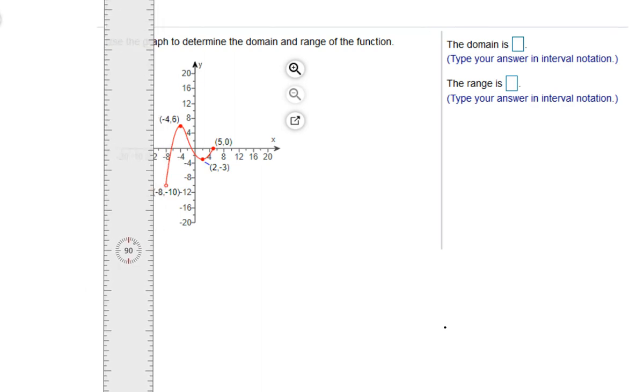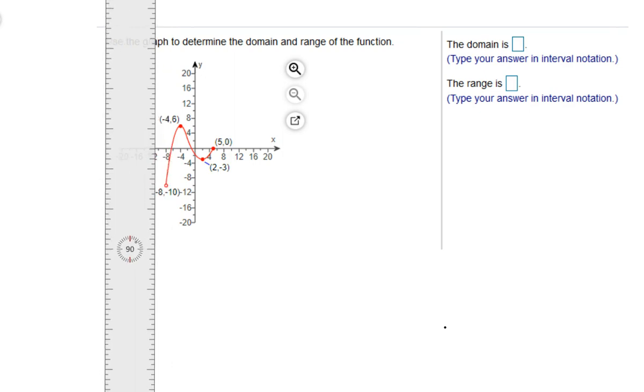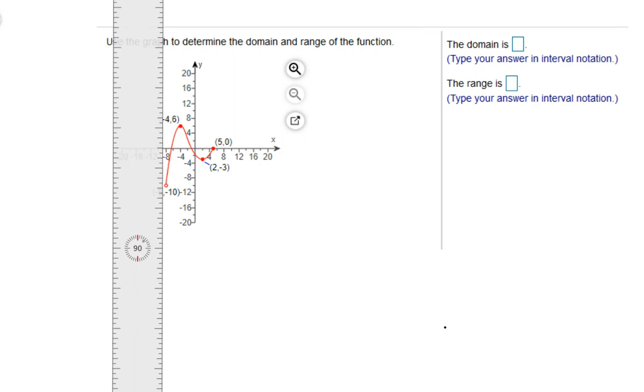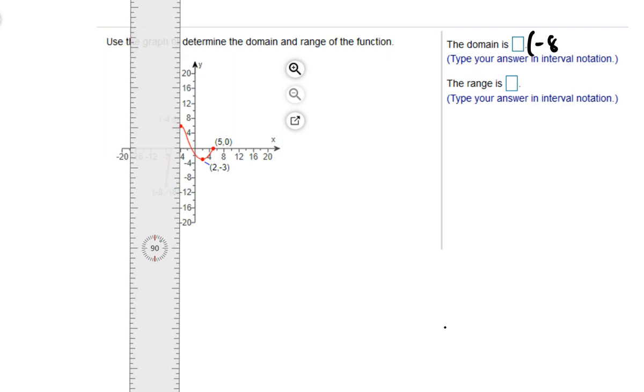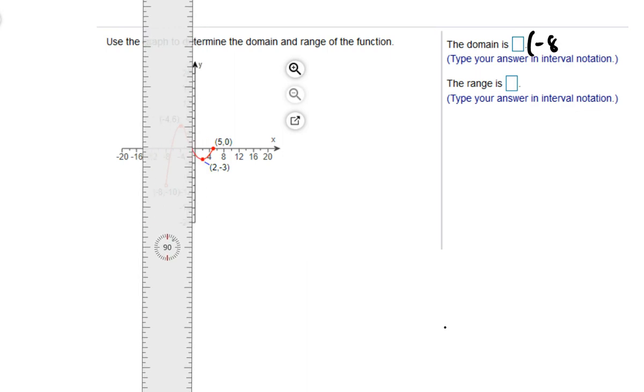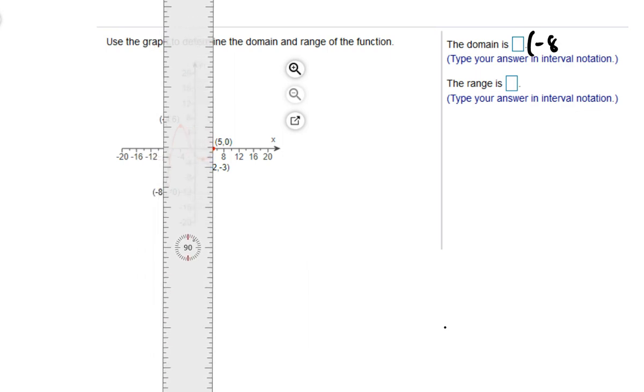So for this one, the first time I hit the graph would be just after I get to this negative 8 here. So my domain is going to start at that negative 8. And as I go from left to right, I'm trying to think when is the last time I hit the graph.